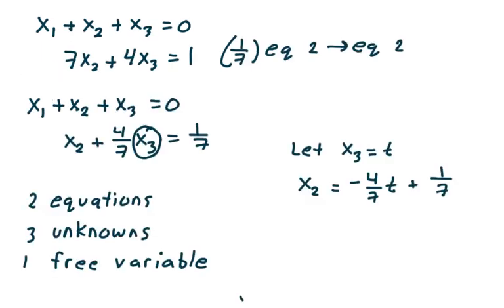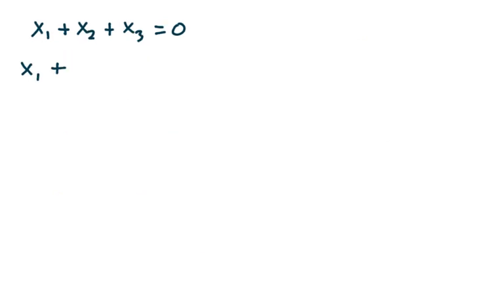Now, remember, x1 plus x2 plus x3 equals 0. So I get x1 plus negative 4/7 t plus 1/7. And then I'm going to add t, because that's what x3 is, and set that equal to 0.